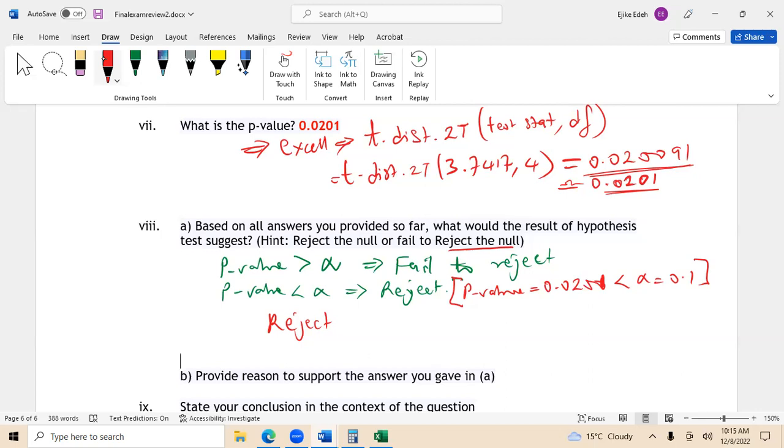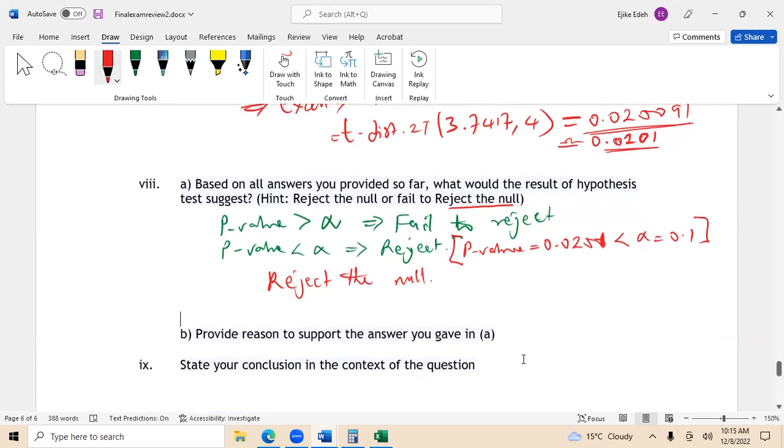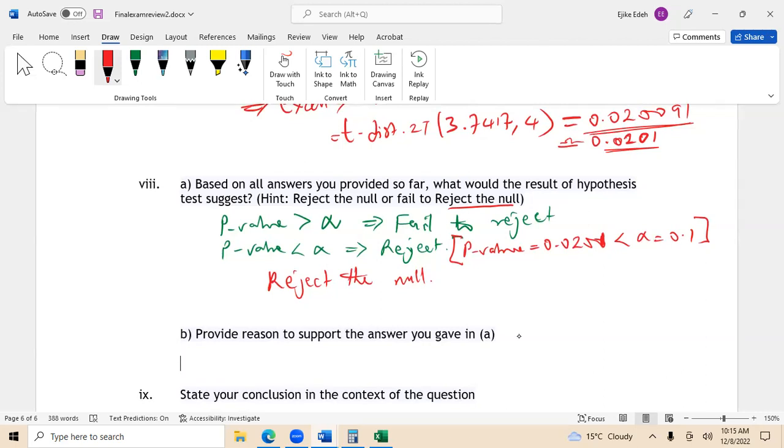So reject. We reject the null hypothesis. We'll go to the next question. It says, provide the reason for your answer in A above. We rejected, and we just explain the reason here. This will be sufficient for us in this class.